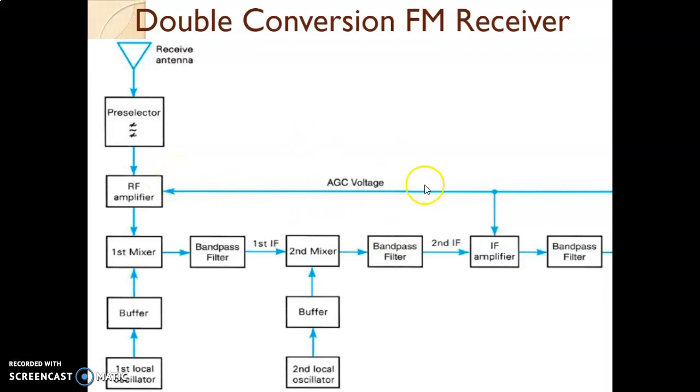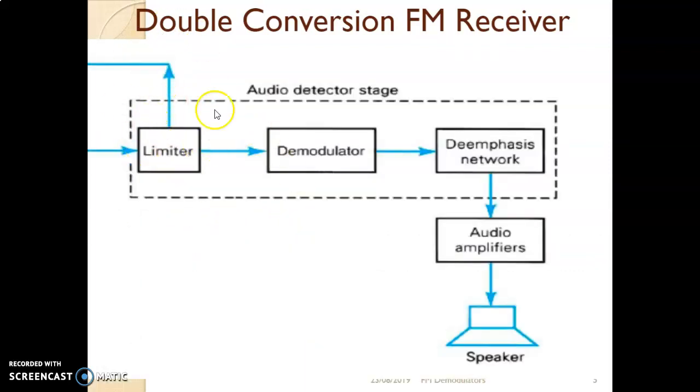AGC automatically decreases the gain when a strong signal is received, and increases the gain when a weak signal is received. This AGC voltage is generated from the limiter. It can also be generated through the demodulator, which we have seen in AM. In AM, the AGC voltage is generated through the demodulator.